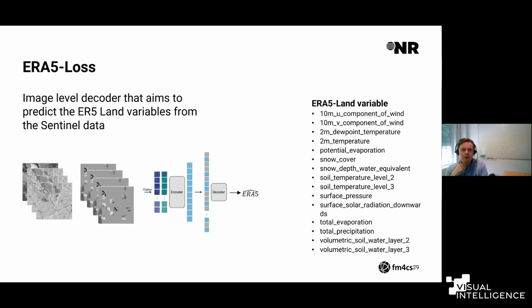In addition, ERA5 is a climate data set that consists of a lot of variables, and we have used that here as well. Here is some example. We have changed this a little bit, but in the end, you can see what we are talking about. It could be wind, temperature 2 meters above the ground, potential evaporation, snow, surface pressure, these kinds of things.